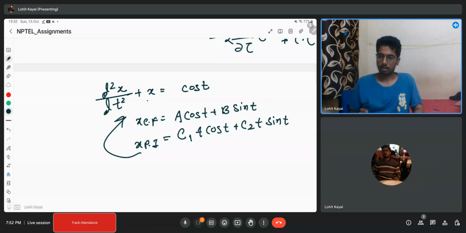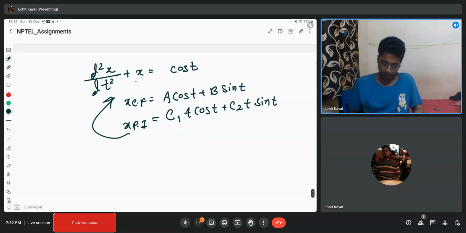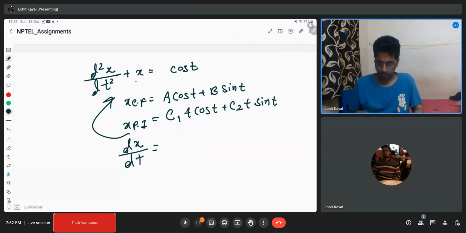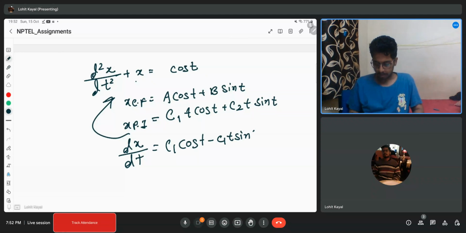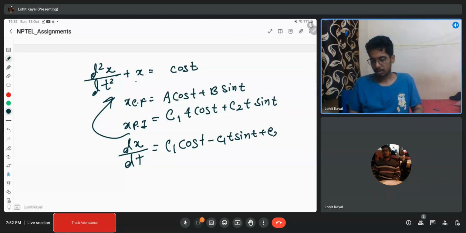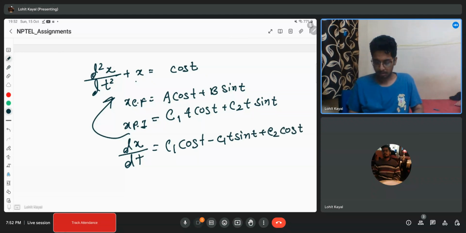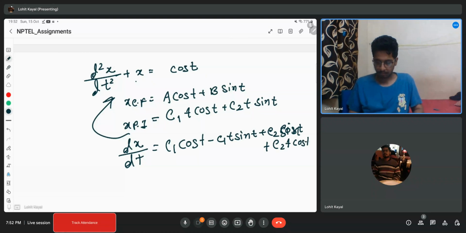Now let us substitute this here. This is the particular integral that is coming from the non-homogeneous part. So dx/dt will be c1 cos t minus c1 t sin t plus c2 sin t plus c2 t cos t.